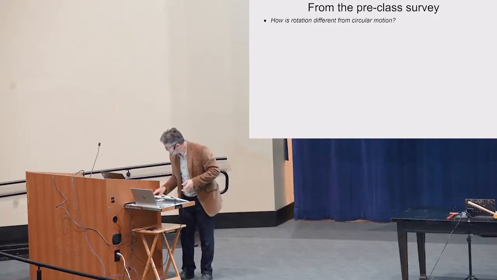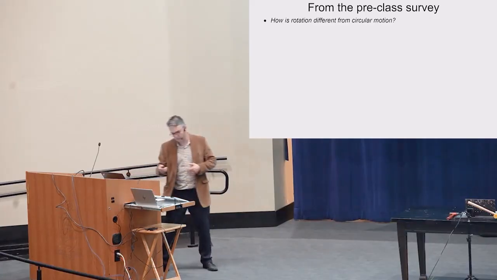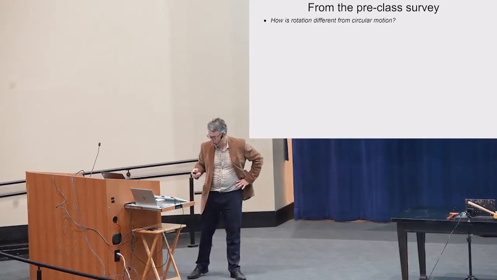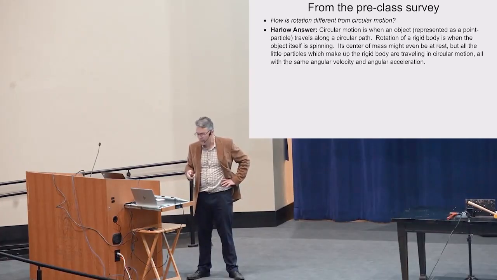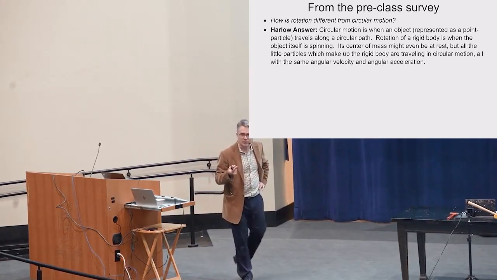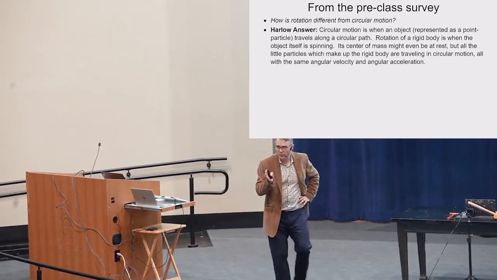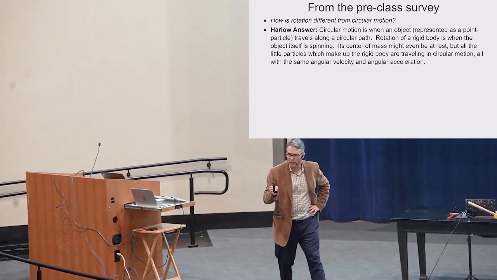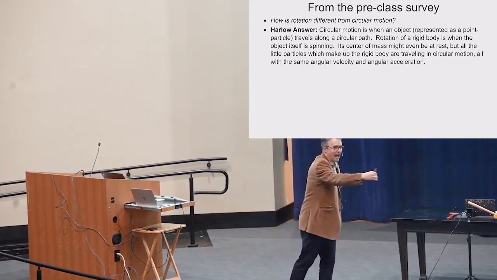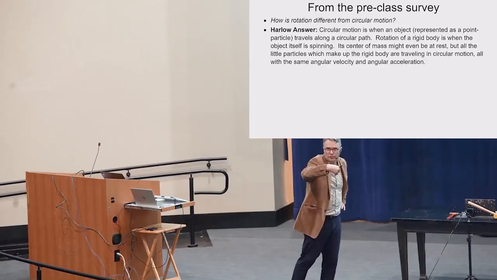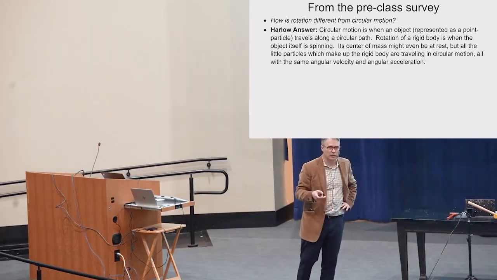So a couple questions from this morning. How is rotation different from circular motion? I think the idea here is that circular motion, as we've been doing it in the past, is when something that's modeled as a point particle travels on a circular path. So you've got a centripetal force going towards the center of that circular path.